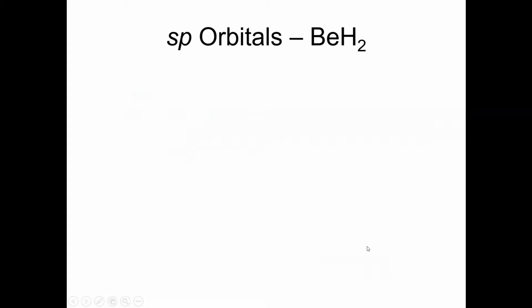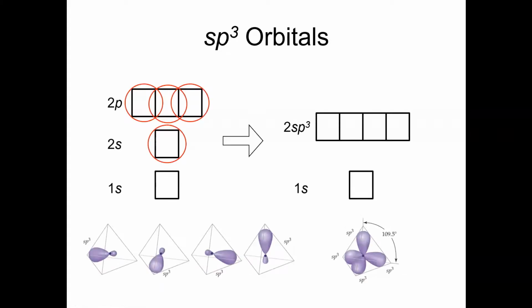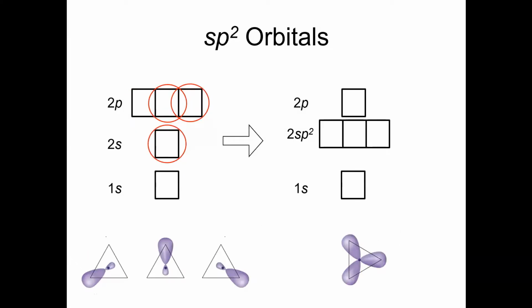And so it may have dawned on you what sort of central atom arrangement is associated with each one of these particular types of hybridization. sp3 hybridization gives you 4 orbitals in a tetrahedral arrangement, so you would use that when you had 4 electron domains. sp2 hybridization gives you 3 orbitals in a trigonal planar arrangement, so that's the hybridization associated with having 3 electron domains around the central atom.